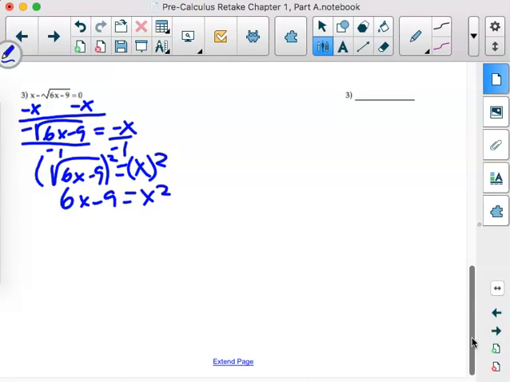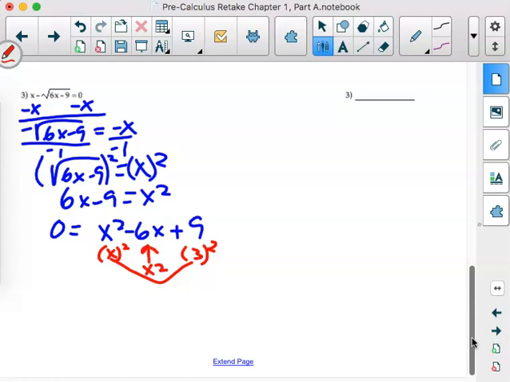So I like to keep my x squared positive. I'm going to go ahead and move everything else over, and that would be by subtracting 6x and adding 9. You factor out a common monomial factor. There isn't one, but this very well may be a perfect square trinomial. So this is x squared, and this is 3 squared, and if you multiply those together and you double them, 3x doubled is 6x, and so we notice this would be x minus 3, the quantity squared.